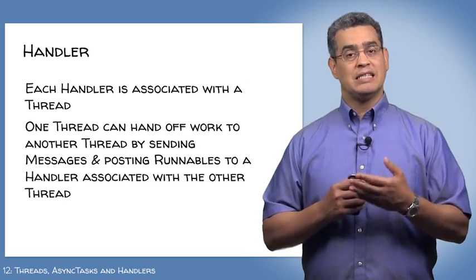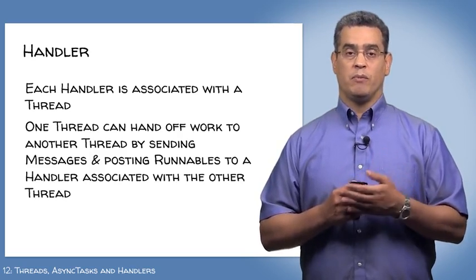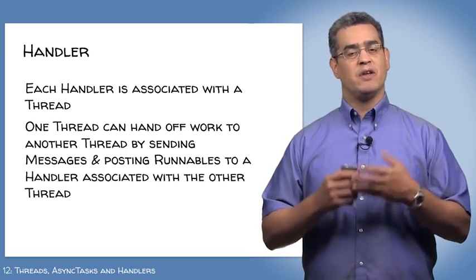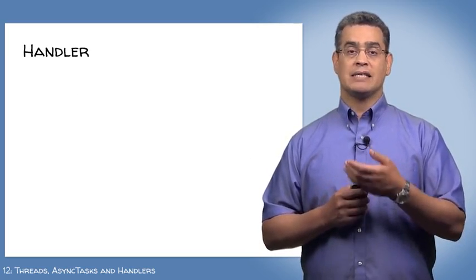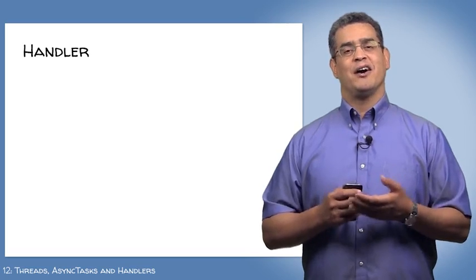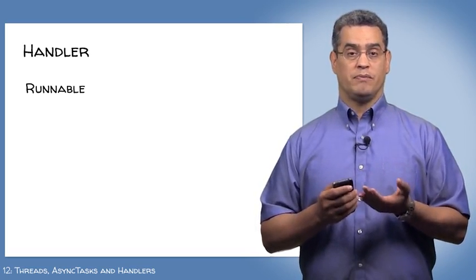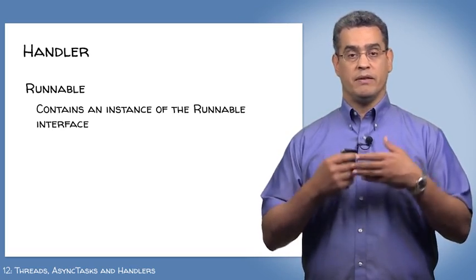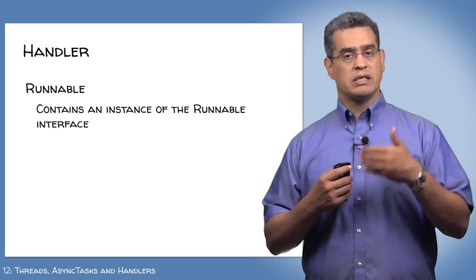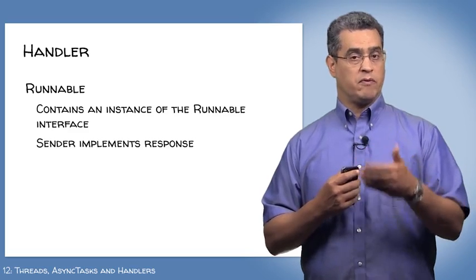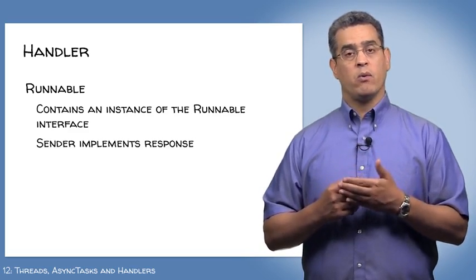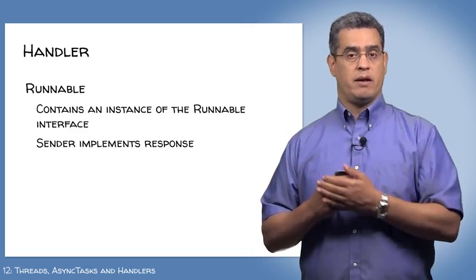So first, let's discuss messages and runnables, and then we'll get into the architecture of the Handler class itself. Now, you already know about runnables. You use these when the sender knows exactly what work steps it wants performed, but it wants that work performed on the handler's thread.